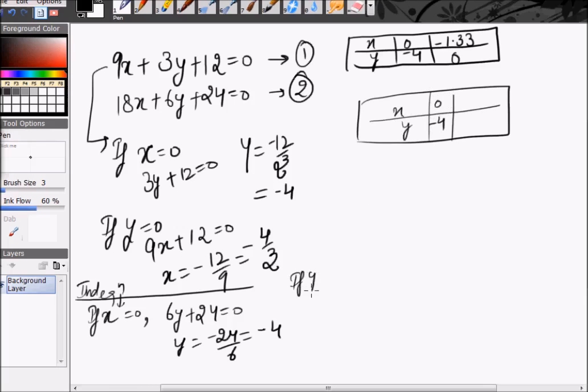Whereas if y equal to 0, we have 18x plus 24 equal to 0. That is, x equal to minus 24 over 18, which is minus 4 over 3, which is again minus 1.33.